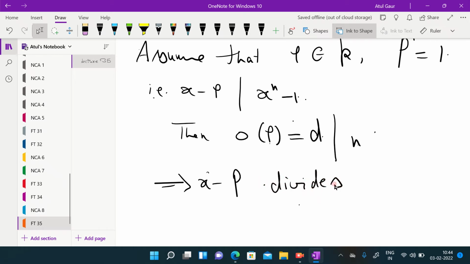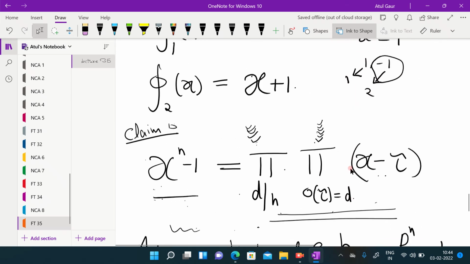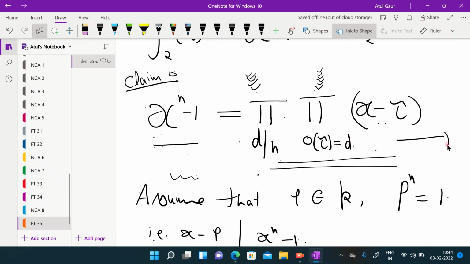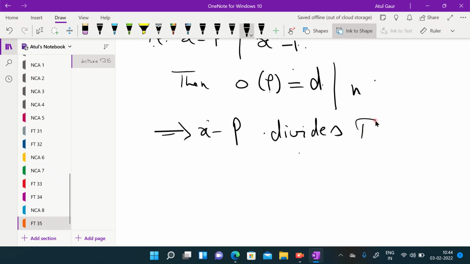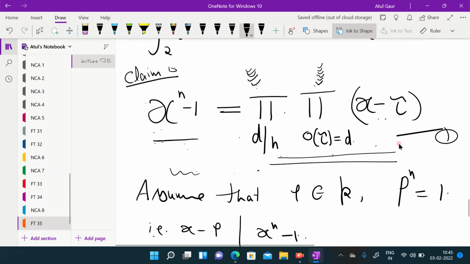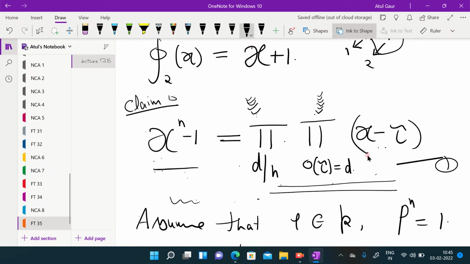divides, let's give this some number, maybe let's call it 1. So right hand side of 1. On the other side, every linear factor of right hand side will naturally satisfy this, will be a root of this equation.